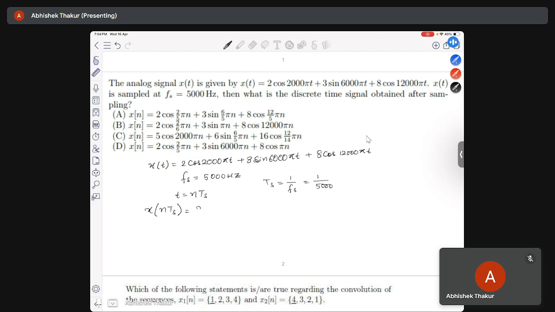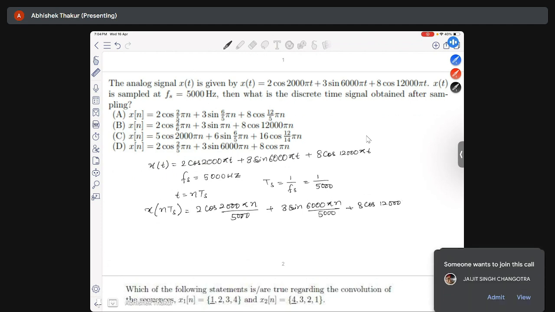Now put that: 2 cos 2000 pi n by 5000 plus 3 sin 6000 pi n by 5000 plus 8 cos 12,000 pi n by 5000.